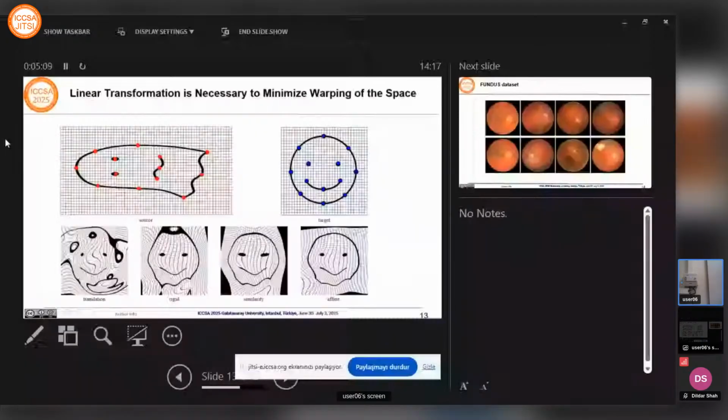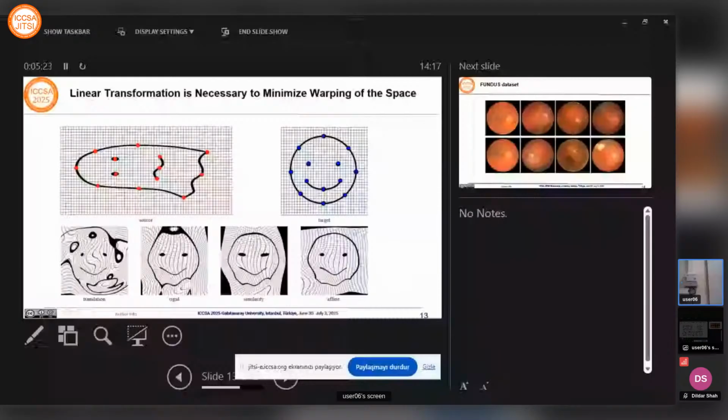Speaking more on coherence, we also like to separate the linear transformation from the nonlinear transformation. And so I have a source, and I'm trying to register it to this target. And these red and blue points just represent anchors that I've defined.